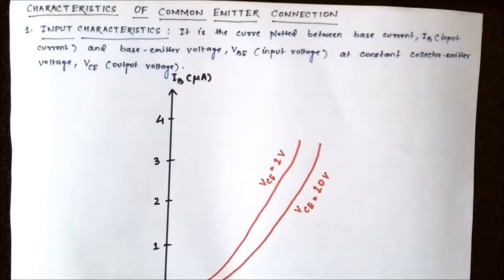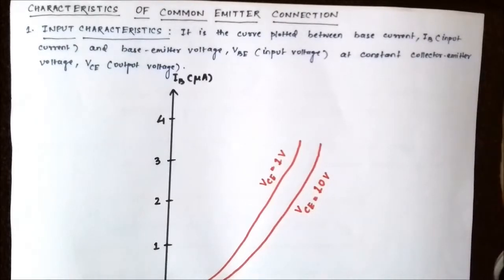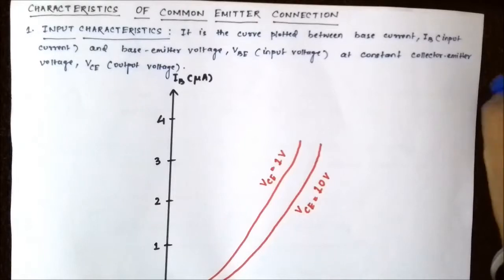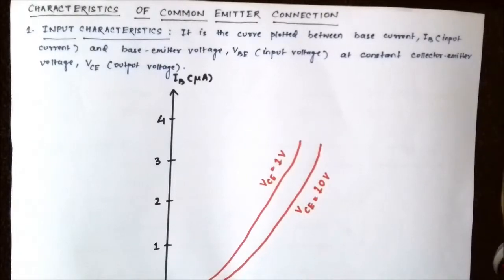The input characteristics is a curve which is plotted between the input current and the input voltage at constant output voltage. It is the basic definition of input characteristics.